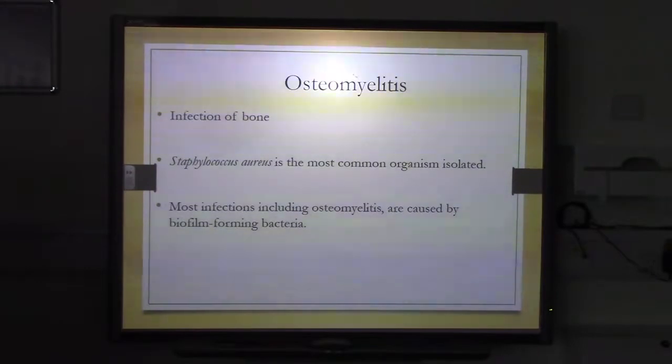Osteomyelitis is something that we see, for example, if someone has peripheral vascular disease, possible ulceration, diabetes and foot ulceration, and it can often be caused when there's bone exposed and then infection of the bone. The most common organism to cause osteomyelitis is Staph aureus.